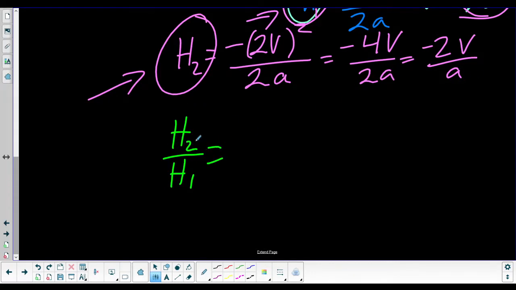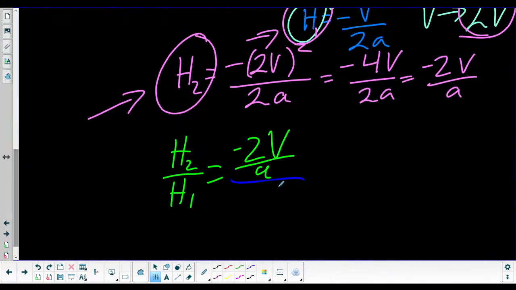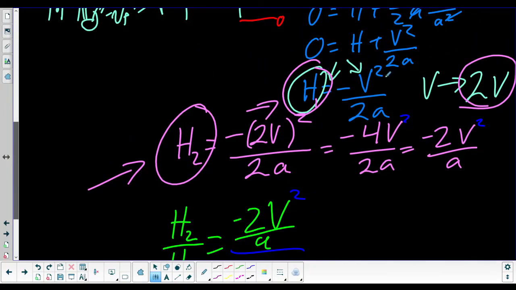Well, what does h2 equal? h2 equals negative 2v squared over a. And then what does h1 equal? It equals negative v squared over 2a.